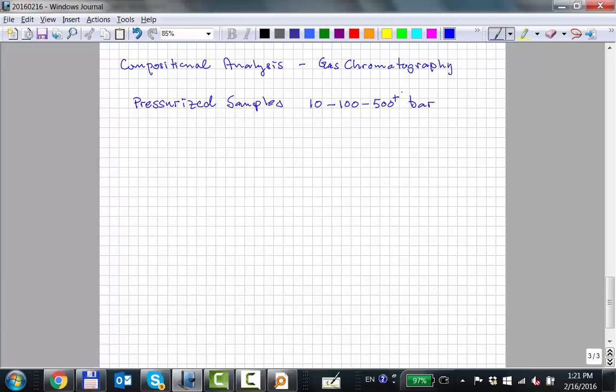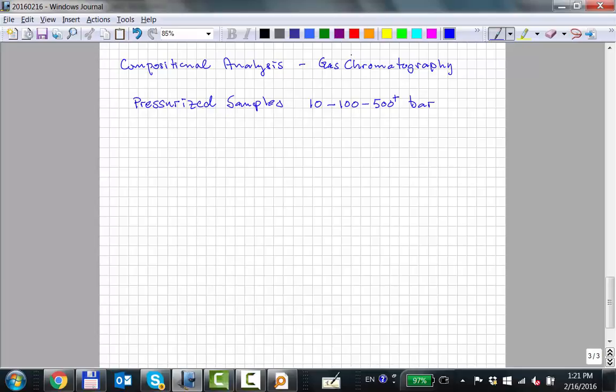And a gas chromatograph, which is a device that helps analyze how much methane and how much ethane and how much propane is in a mixture, won't take such highly pressurized samples. You can't inject these samples in a gas chromatograph.